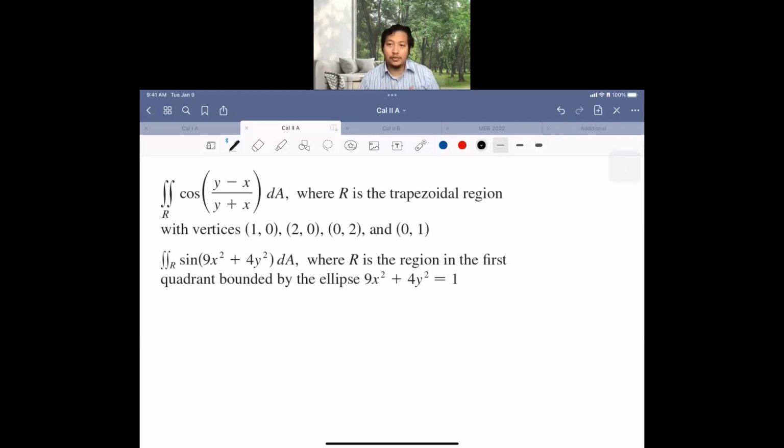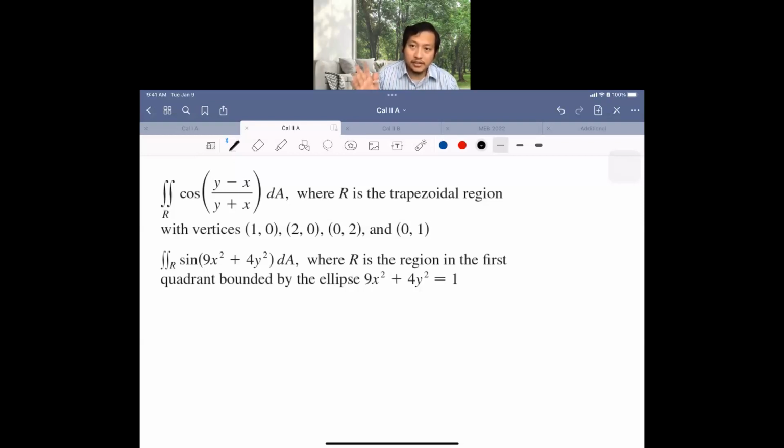You need to find out which transformation is best to transform the xy plane into the uv plane. Sometimes you can draw if you want, but drawing sometimes takes time and may waste your effort.